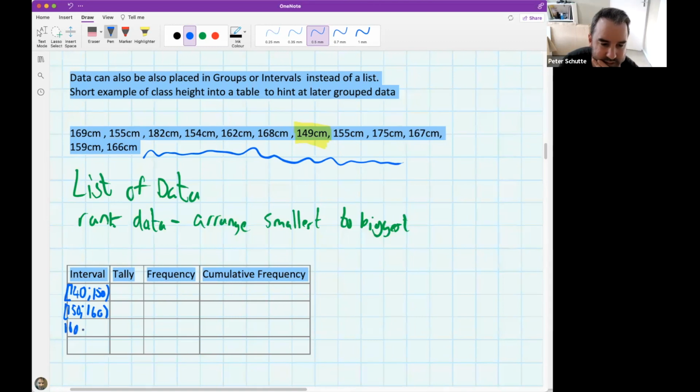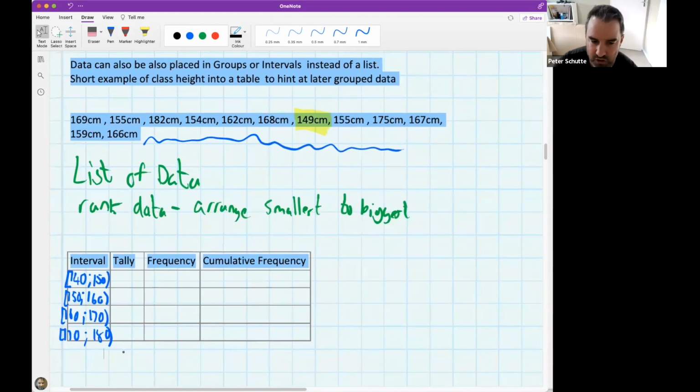Then let's go 160 to 170, and I include 160, exclude 170, 170 to 180. Is that enough intervals, or do I need another one? What do you guys think? If you look at the data, do I need any more intervals, or will that cover my data?